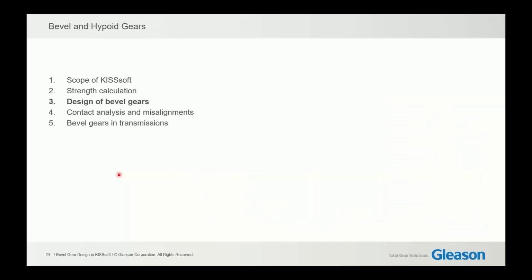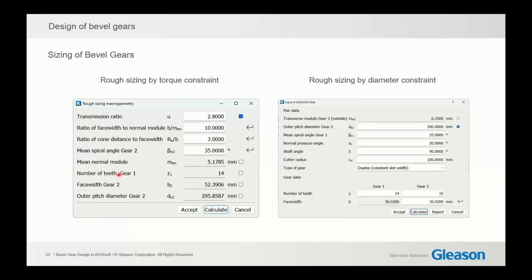Now I would like to look at the design of bevel gears. When we design a bevel gear, KISSsoft provides two functionalities. First, the rough sizing, and secondly, the fine sizing functionality. For rough sizing, there are two approaches possible. We can see one approach by torque constraint, the other approach by a diameter constraint.